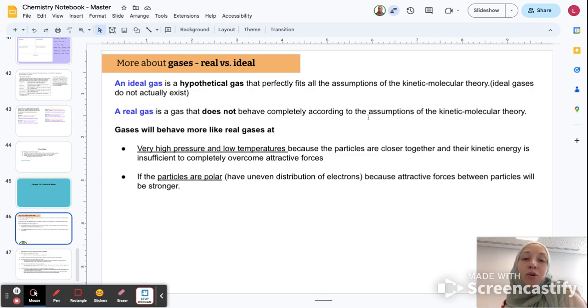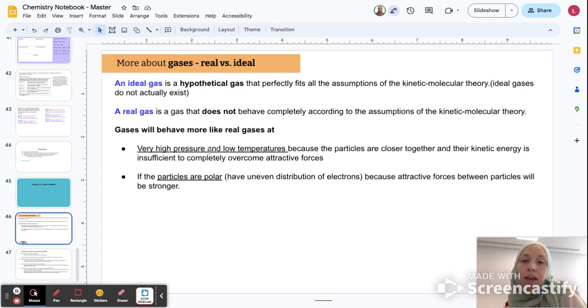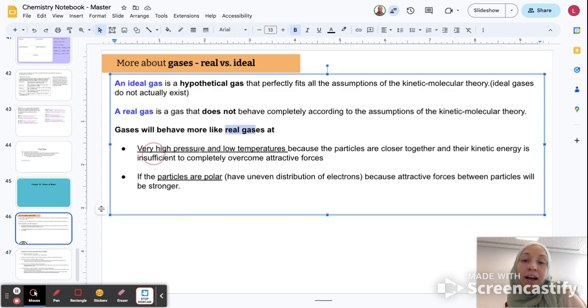So real gases don't behave perfectly according to these assumptions, especially at very high pressure or low temperatures. So when you have a lot of pressure, our ideal gas calculations are going to be farther off, or if we have low temperature.